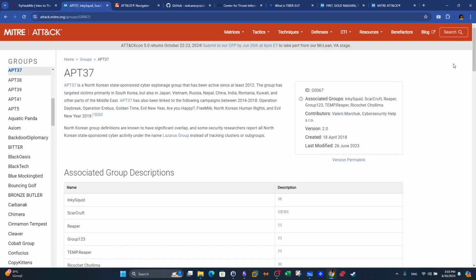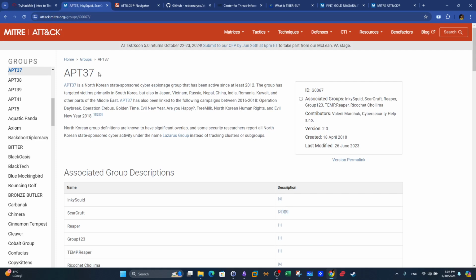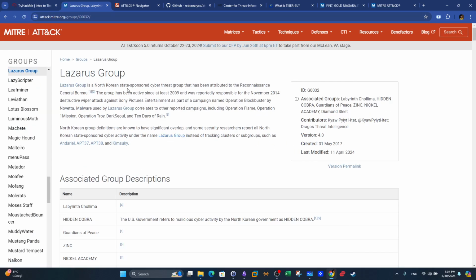Now you might be interested in finding out what are the industries targeted by APT37, because again, in defining the objective, we want to choose a perfect prototype or a perfect advanced persistent threat group to emulate, right? So take into consideration the location that the group targets in addition to the industries that they have chosen as their targets. If you click on the Lazarus Group here, we see that it's also a North Korean cyber espionage group.